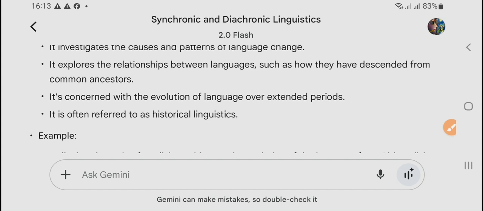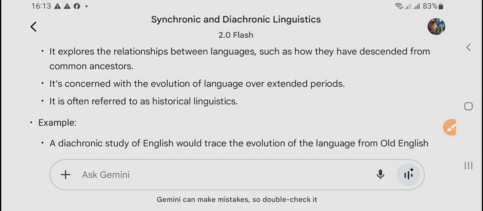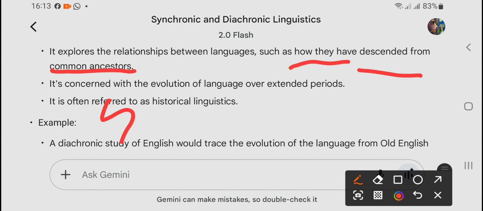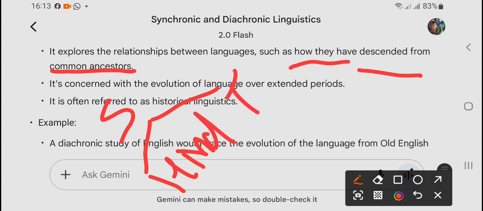Then diachronic linguistics explores the relationship between languages, such as how they have descended from common ancestors. You want to know where different languages come from. Common ancestors means Sanskrit is the mother tongue, and from Sanskrit come Hindi, Tamil, Kannada, Malayalam.